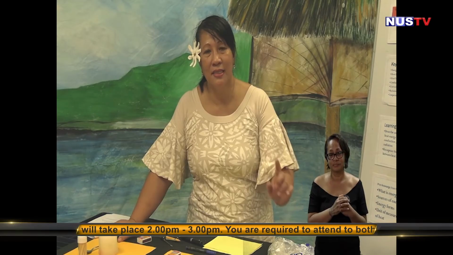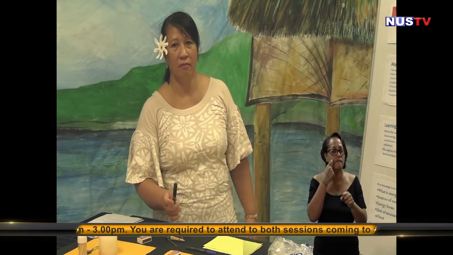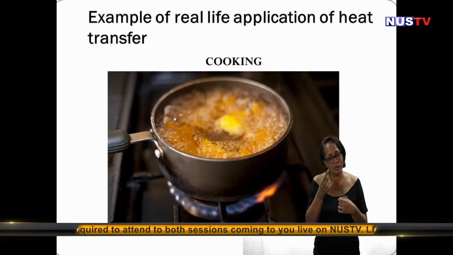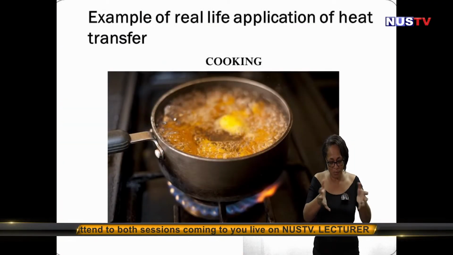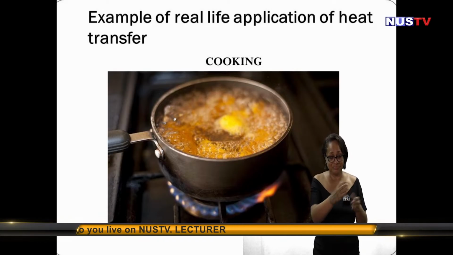And one classic example you find in your home is cooking. If you have a look at the pot, you're cooking soup, and the pot is sitting on the oven. The pot is in direct contact with the elements of the oven.